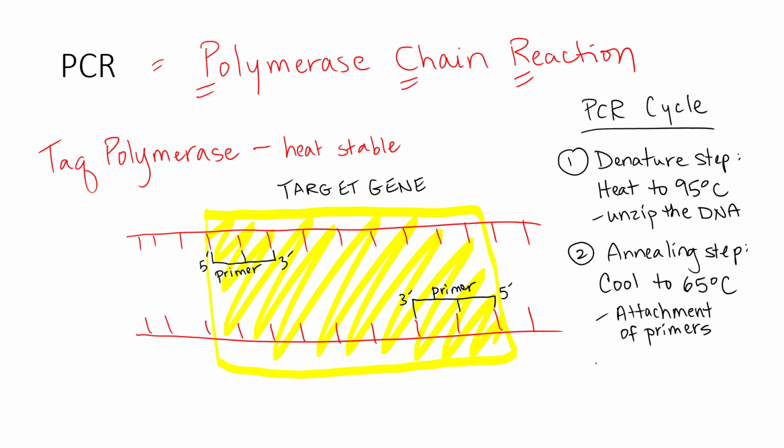So you cool it, the primers will attach to the target sequence, to the target gene. And then the cycle will begin to heat again. So we have what we call the extension step.